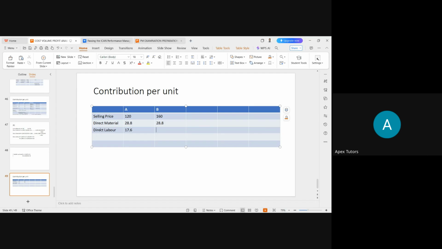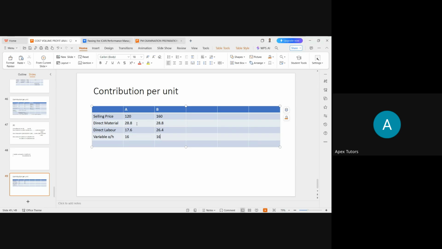And for B, it's 26.4. And for variable overhead, it is going to be 16.